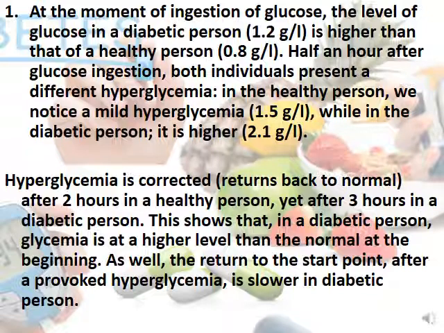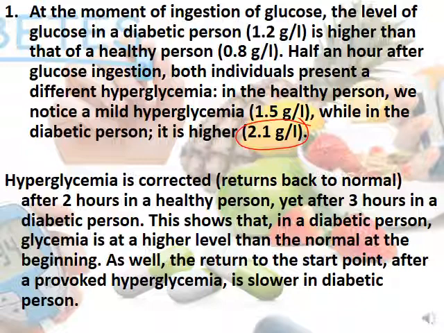In the healthy person, we notice a mild hyperglycemia, while in the diabetic it's higher than normal, about 2.1 gram per liter. Hyperglycemia is corrected and returns to the normal level after 2 hours in the healthy person, yet it goes back to normal after 3 hours in the diabetic.